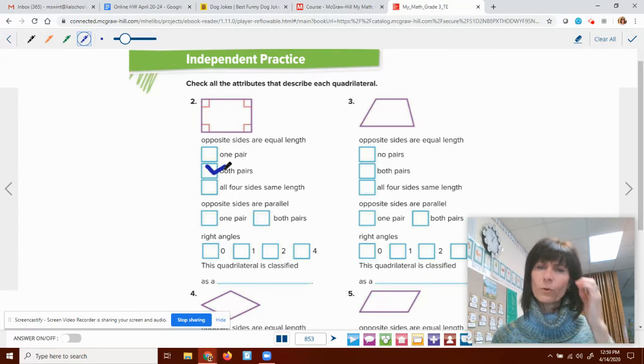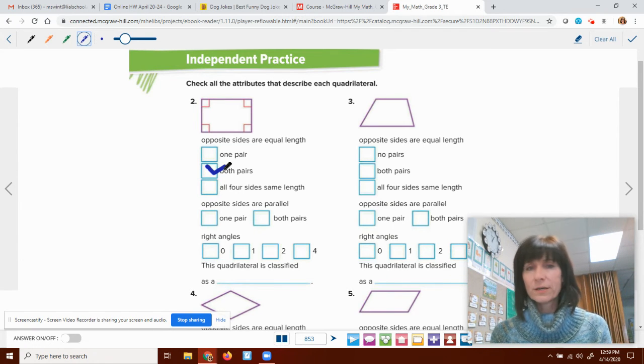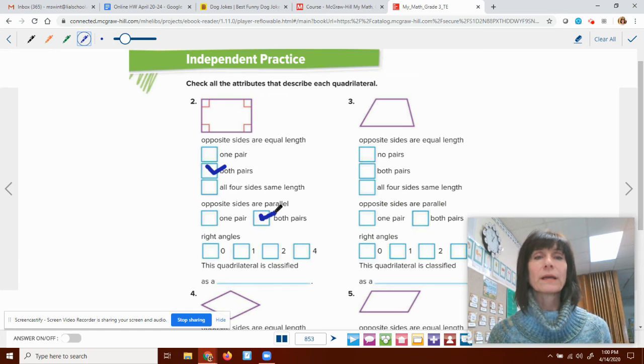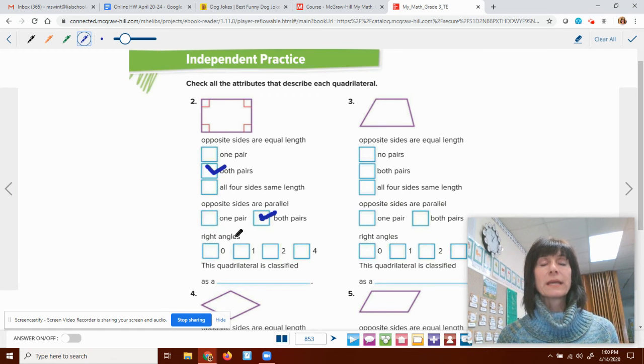Are all 4 sides the same length? And no, they are not. So I couldn't check that one. Opposite sides are parallel. 1 pair or 2 pair? They are. Both pairs are parallel. And right angles. 1, 2, 3, 4.